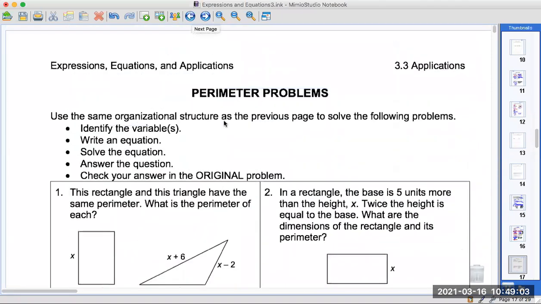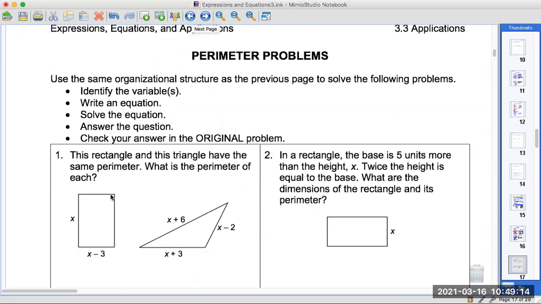And now page 14 is called perimeter. What is perimeter? This is in geometry. Perimeter is when you walk around a shape. Let's say this is a garden plot.